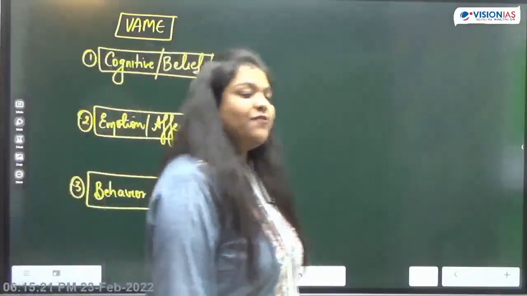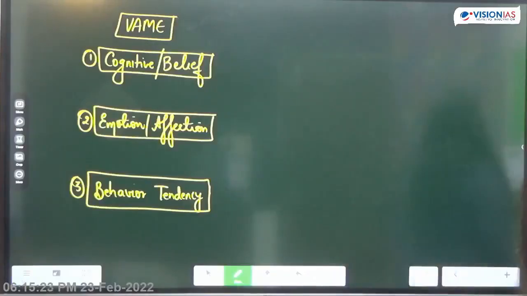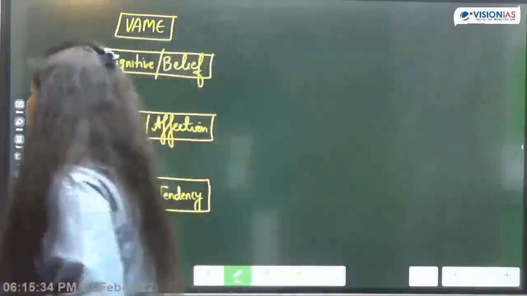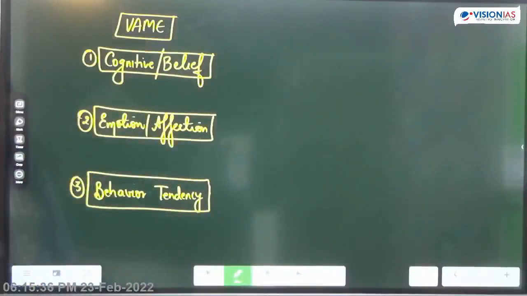This I will revisit once again when I am teaching you attitude, very briefly, because I'm teaching it today. So I'll be revisiting it when I'm teaching you attitude, because there is a topic in your syllabus that is components, structure of attitude. So these are the components of attitude.